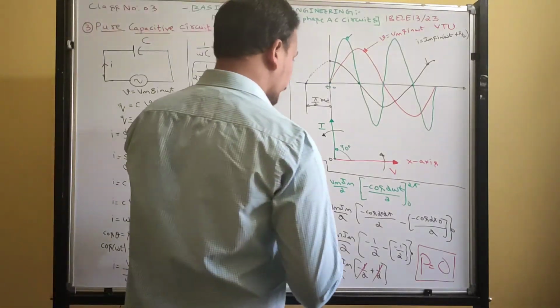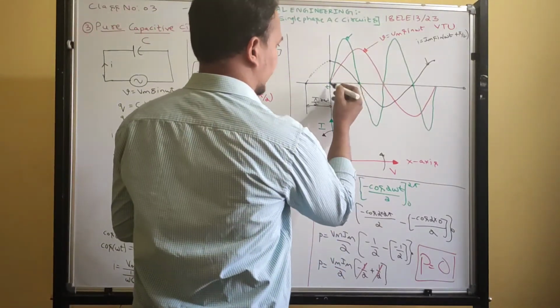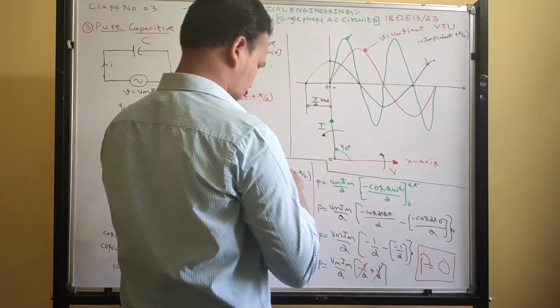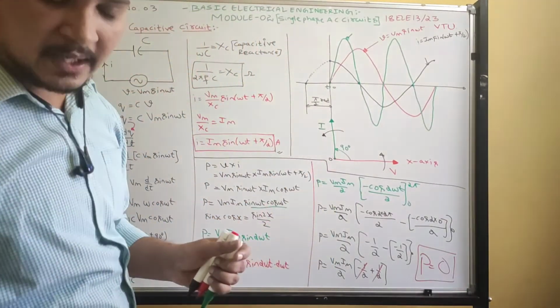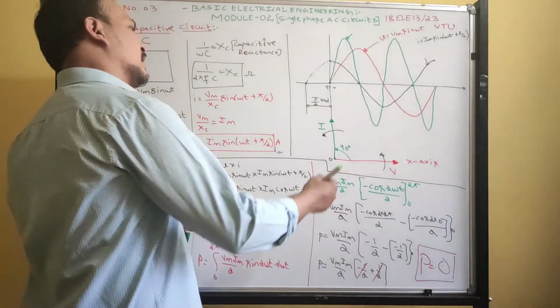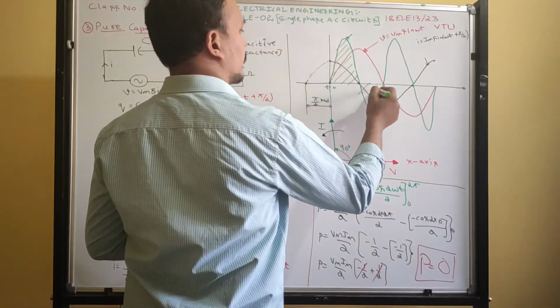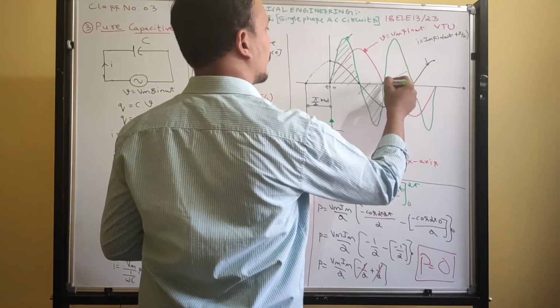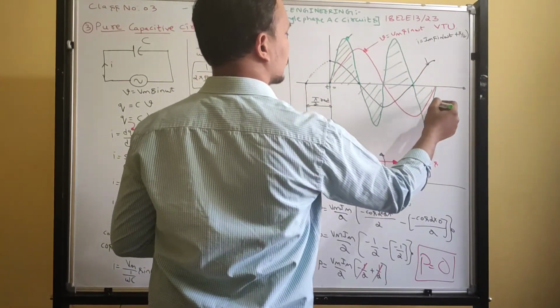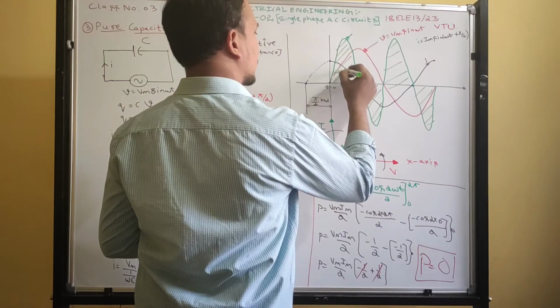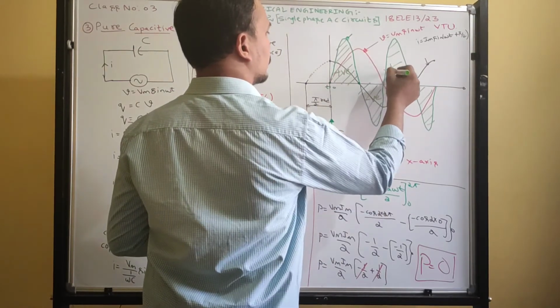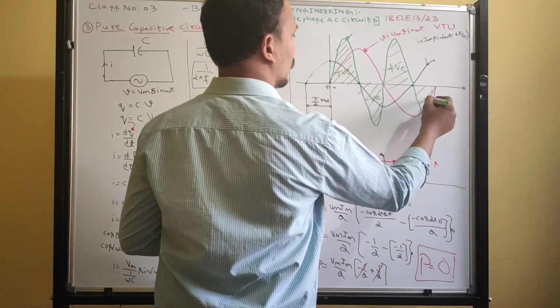Now multiply power into time. The shaded portion indicates energy stored in the capacitor. The shaded portion in the power curve indicates energy stored. This power has equal and opposite values, therefore the average power will be 0.